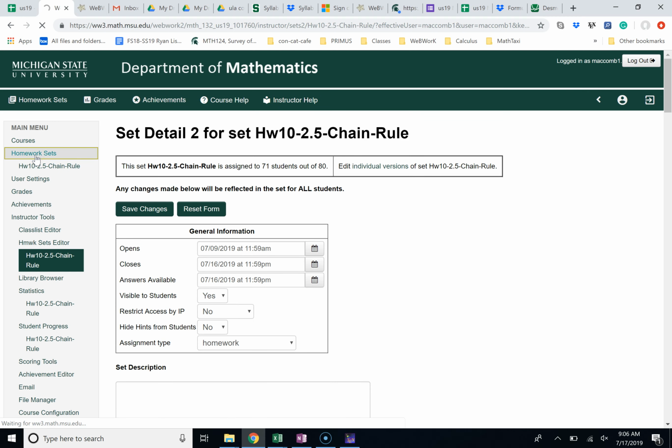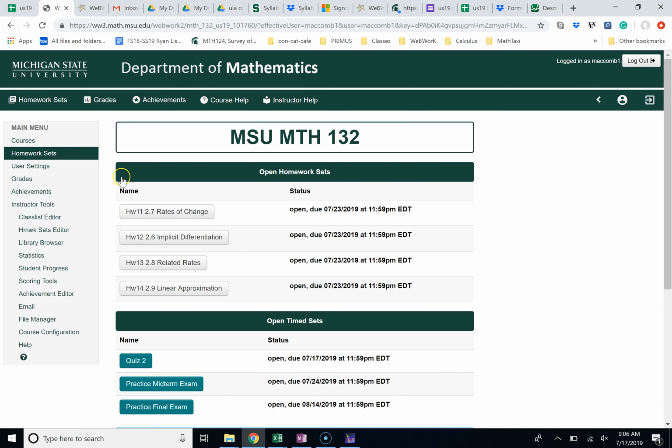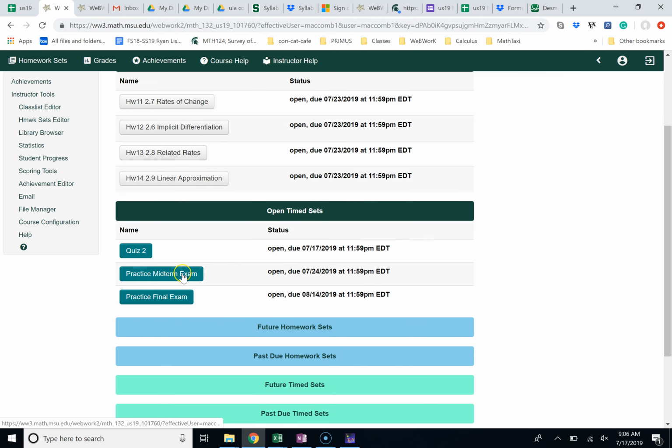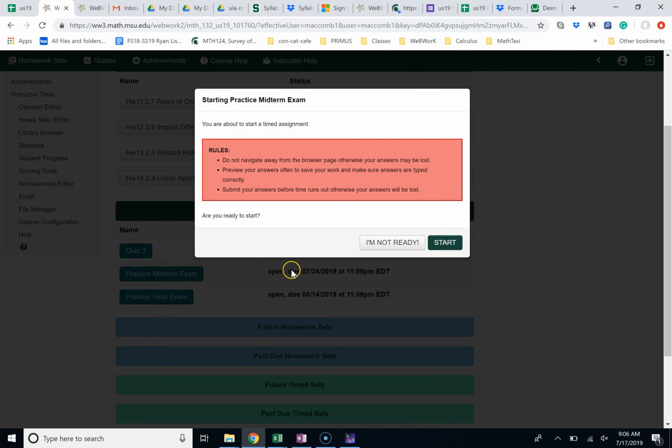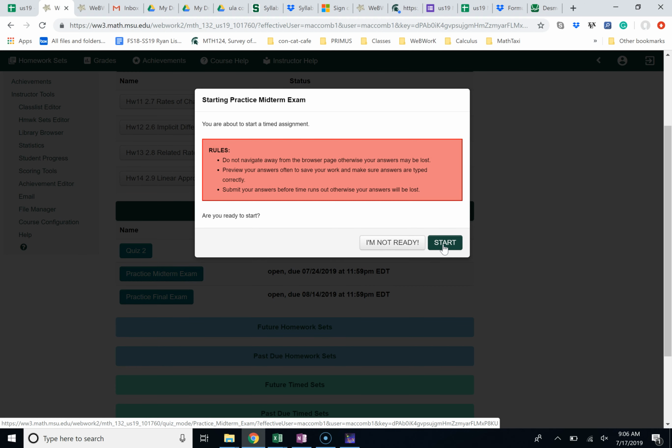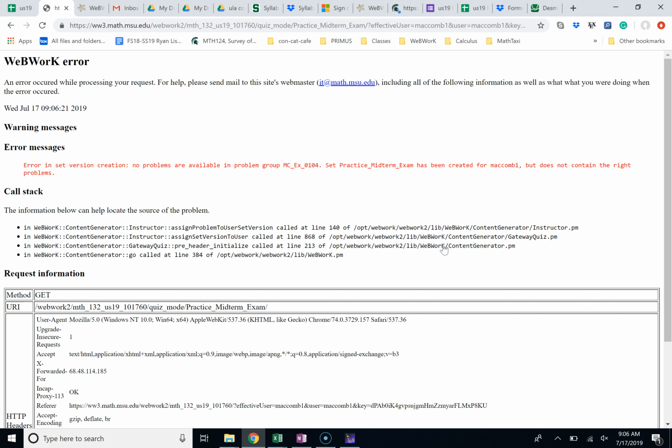Okay, so in our web work, I wanted to bring up that there is this practice midterm exam, which I think is quite useful. In fact, our actual midterm exam may have some problems pulled directly from this practice midterm. So you can take this multiple times. It actually gives you different constants and even different problems. It doesn't count for an actual grade.